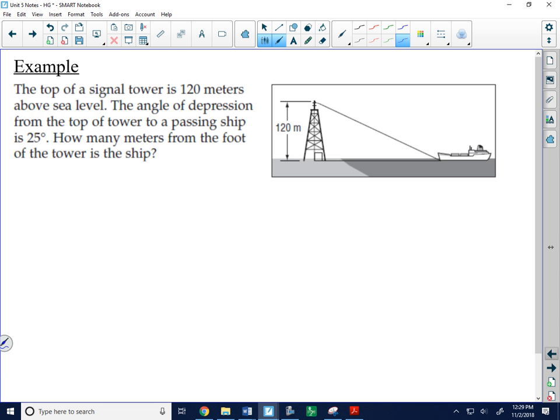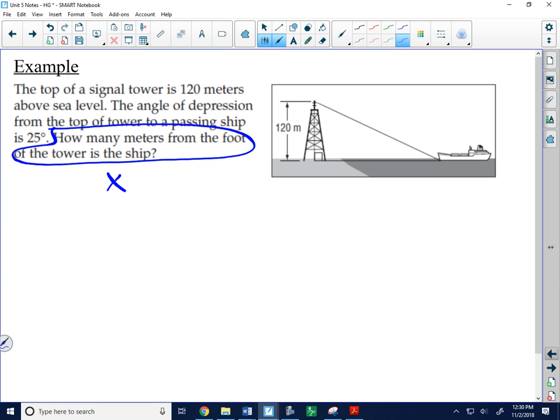So, all right, let's go to this one. Sometimes they'll give you a picture, sometimes they won't. Here's one where they do provide us a picture. A signal tower is 120 meters tall. It's labeled in the diagram. The angle of depression from the top of the tower to the ship is 25 degrees. How many meters from the foot of the tower, the base of the tower, is the ship?